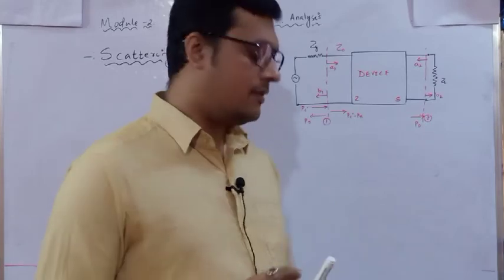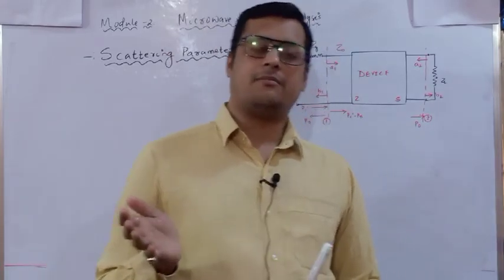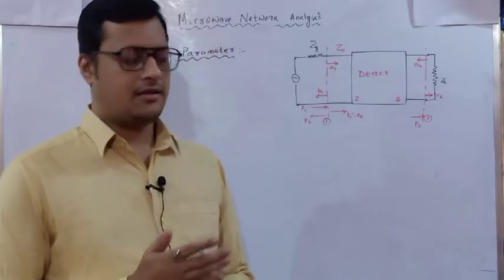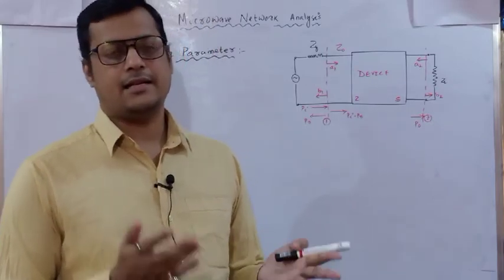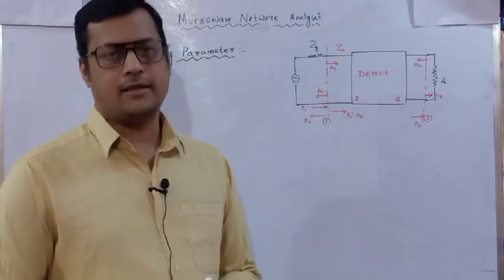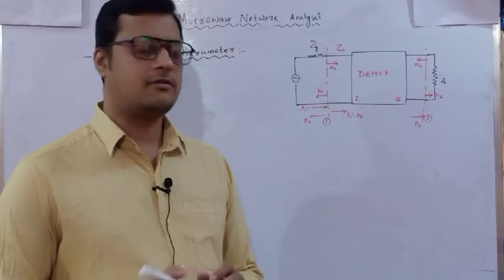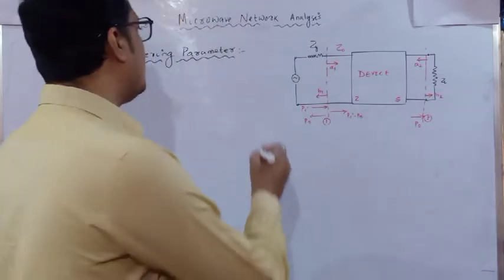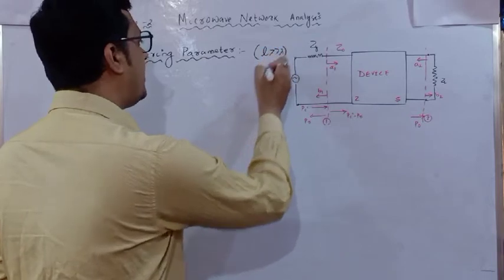Now the demerit of the impedance parameter, admittance parameter, hybrid parameter and the transmission parameter is that they can't work in the higher frequency range. That reason also we discussed in the last class. So the thing we should consider is that the length of the device must be greater than lambda.